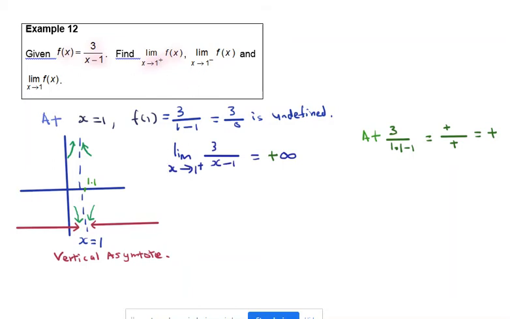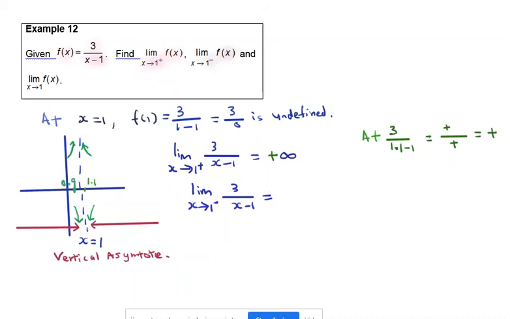Let's continue. Find the limit of f(x) when x approaches 1 from the left hand side. On the left hand side we can substitute 0.9.